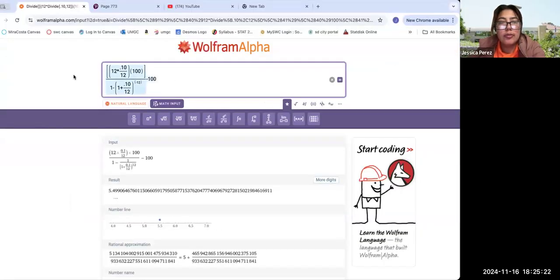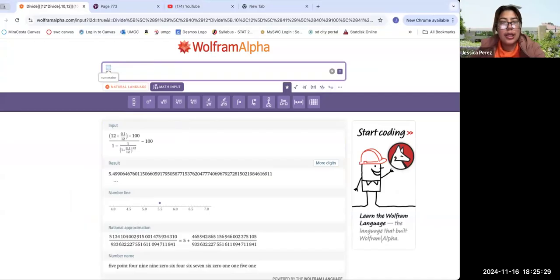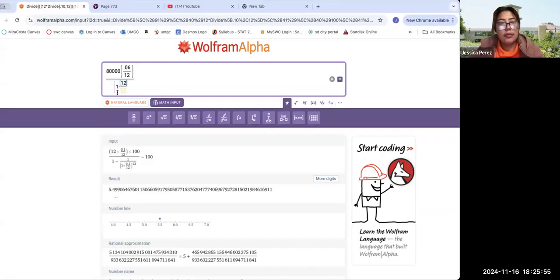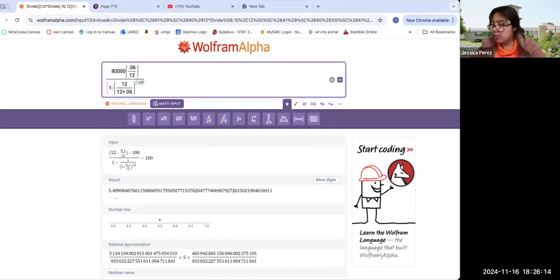I'm going to put parentheses here and use fractions: 80,000 times the fraction 0.06 over 12, over 1 minus the fraction, 1 plus 0.06 over 12, raised to the power of 12 times 25.